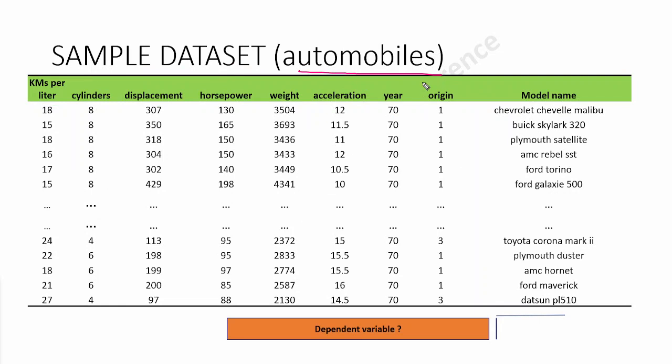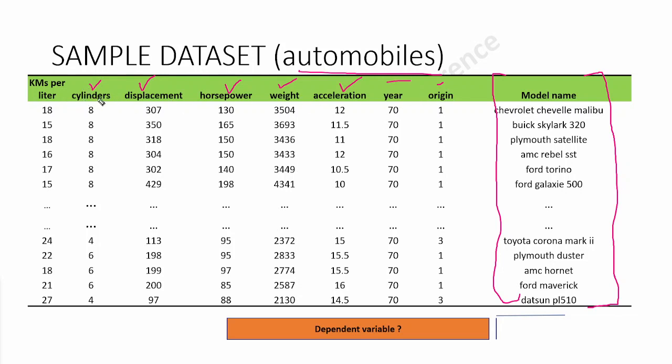Let's talk about one more case. This is automobiles data, and here you have the columns cylinders, displacement, horsepower, weight, acceleration, year and origin, and the model name, which is in text form. Since we are going to be focusing only on numeric data, we are not going to talk about the text data here.